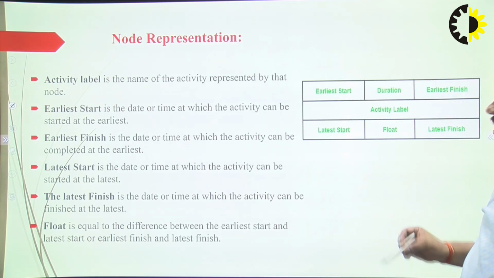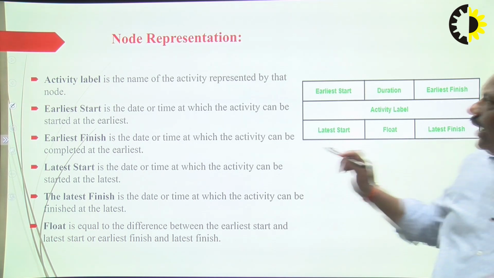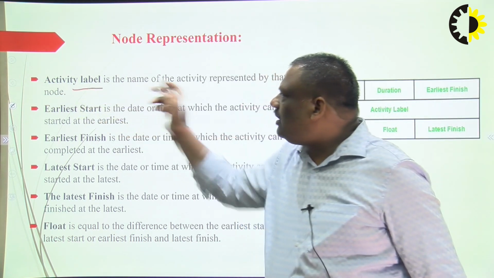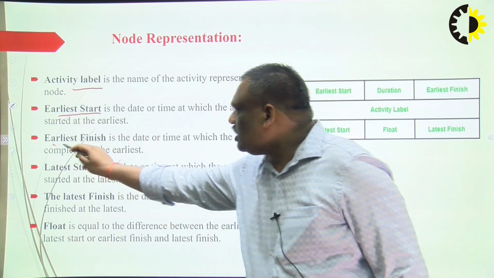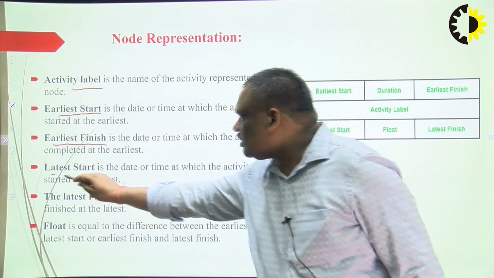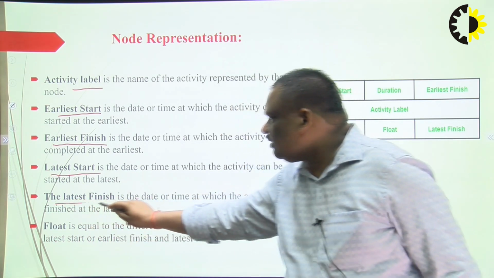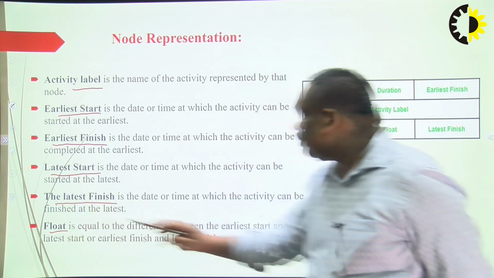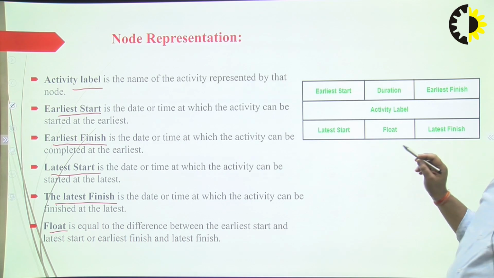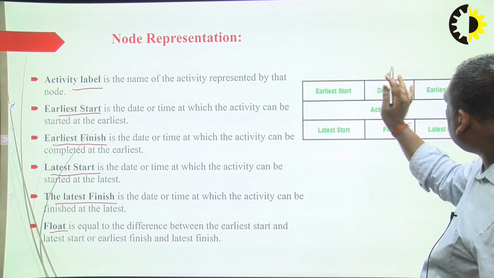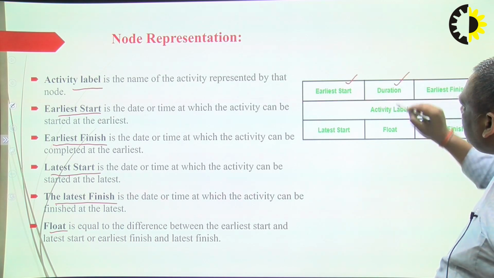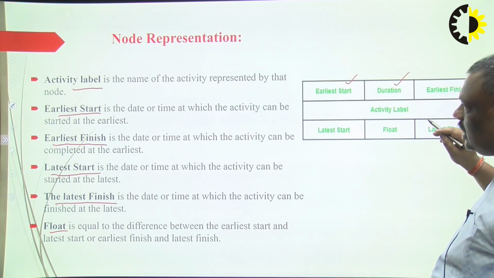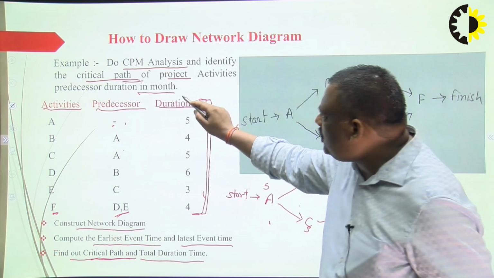At each activity level, we find earliest start, earliest finish, latest start, latest finish, and float value. This one is the duration in months.